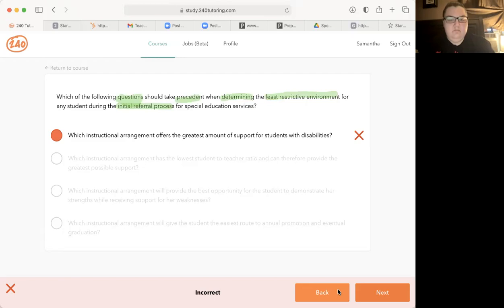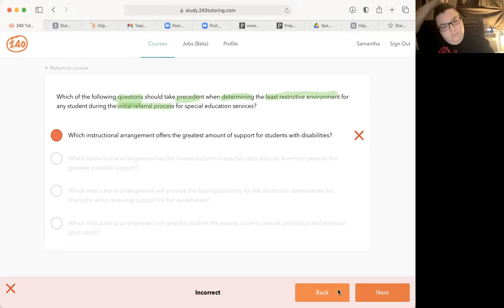So I would say when we are thinking about the initial referral process, I would say C and D are ones that I might consider important, because you could give the most support to a student.